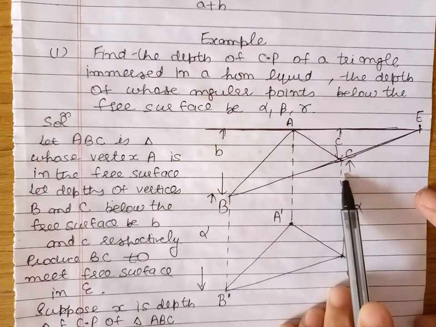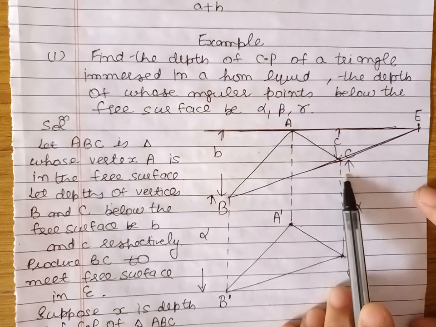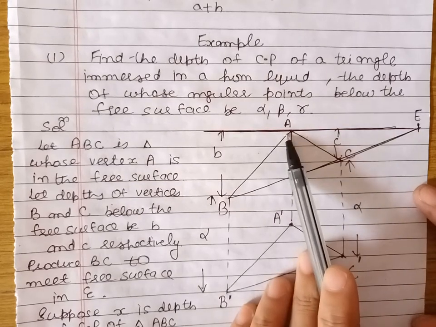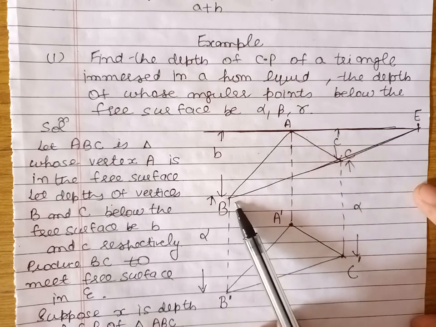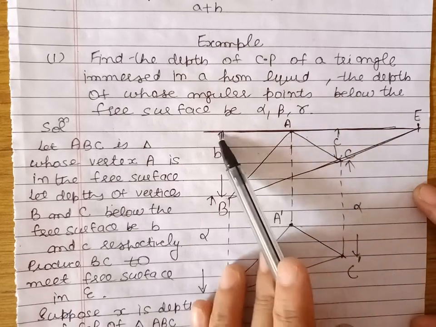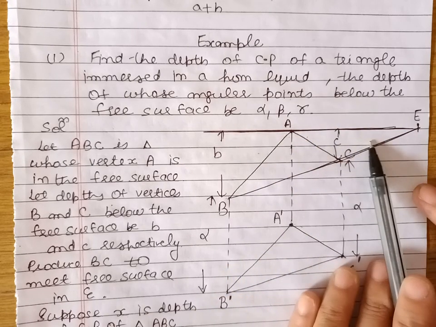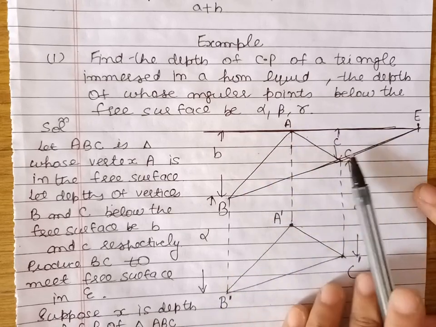So we are given a triangle. Let us take the triangle we have denoted here by the triangle ABC. This is the triangle having the vertex A in the free surface. The depths of the vertices B and C below this free surface line we have taken as B and C.